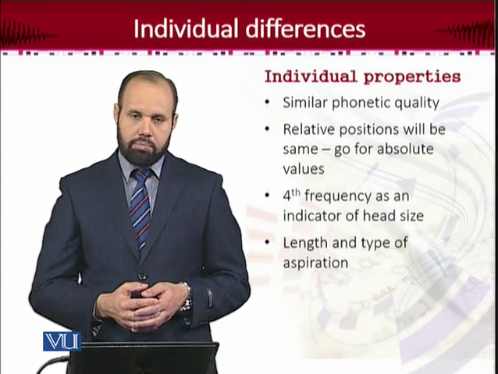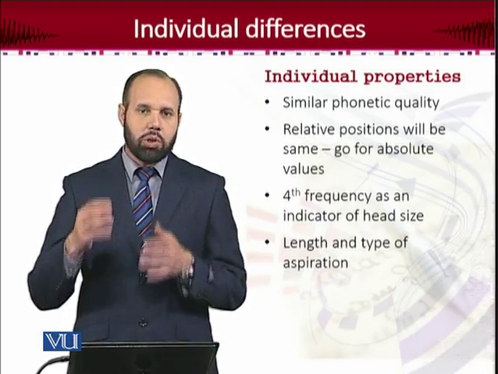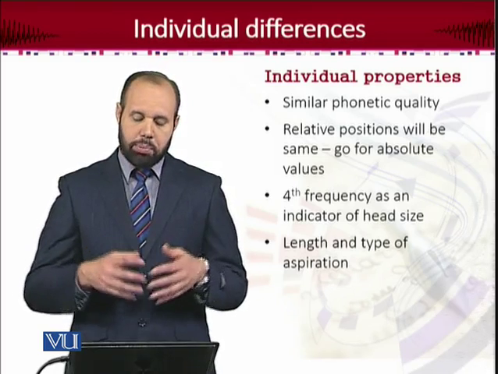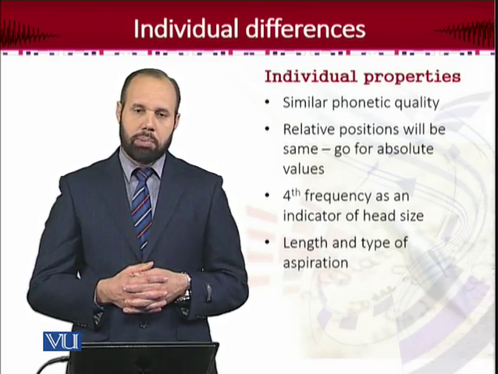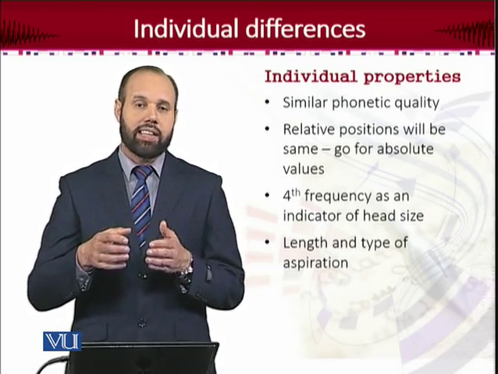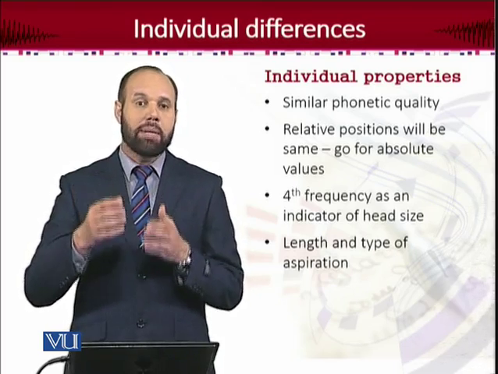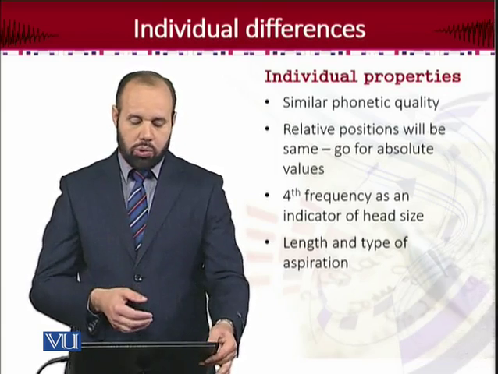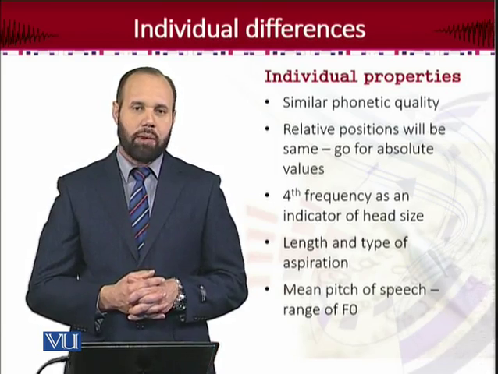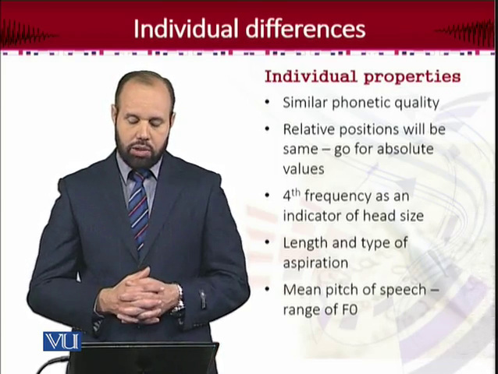And then one particular way of analyzing individual speech is in the aspirated sounds. Like for aspiration, the type of aspiration and the length of aspiration would be quite similar in the case of the same individual, right? So that can also give us some hints that the speech is produced by the same individual.